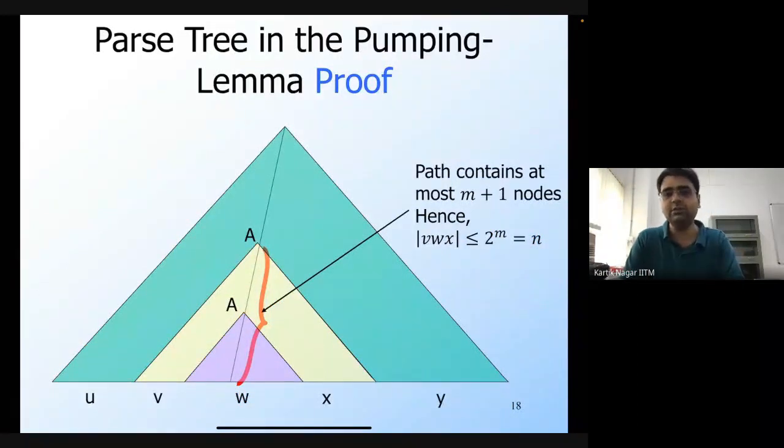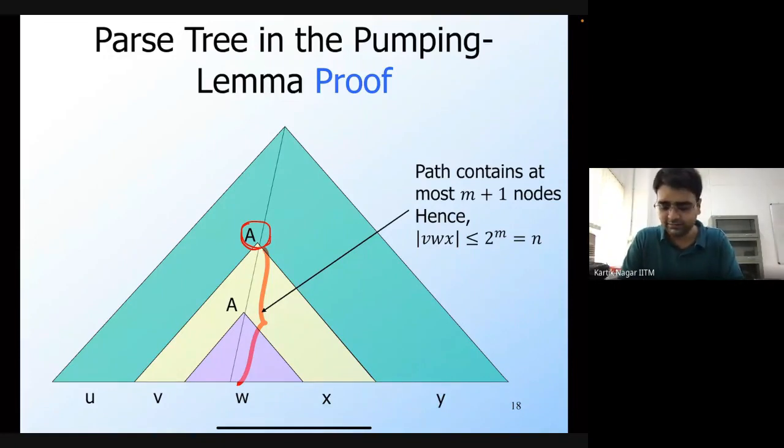And remember that we also had this other constraint, that the length of vwx should be less than or equal to n. That is because on this longest path from the root node to the leaf nodes, we have considered the lowest m+1 nodes. Therefore, the length of the string that I can derive from this upper A is going to be at most 2 to the power m, which we saw is equal to n.